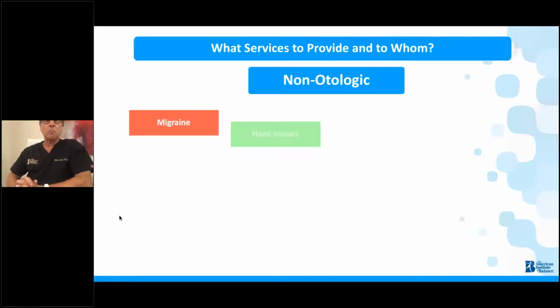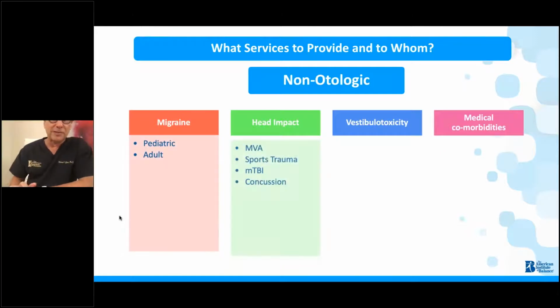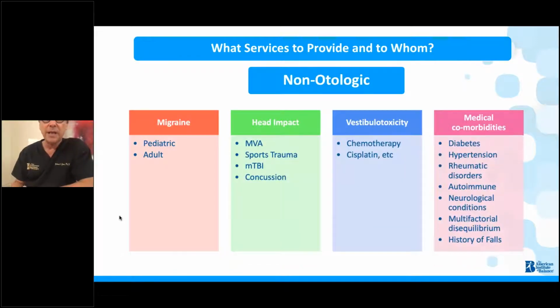But there are also many non-otologic conditions. So as we teach our residents here at the Institute, step away from the ear. If you live by the ear, you'll die by the ear. Now, I know that may sound like sacrilege to an audiologist, but if you only limit yourself to otologic conditions, you are really handcuffing yourself.